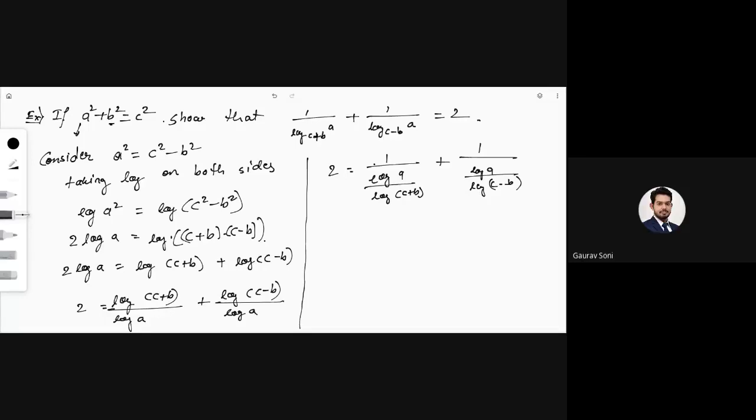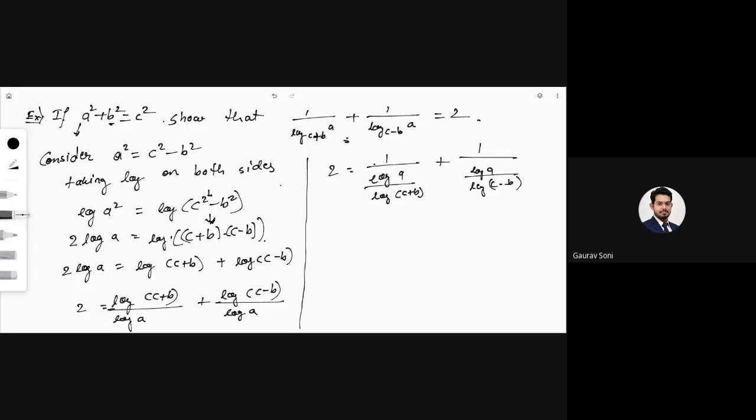But I have to go from c square minus b square to (c plus b)(c minus b). Are you getting my point? You're saying that here itself you want to write down (c plus b)(c minus b). If you put a square over there, you won't get the required expression.